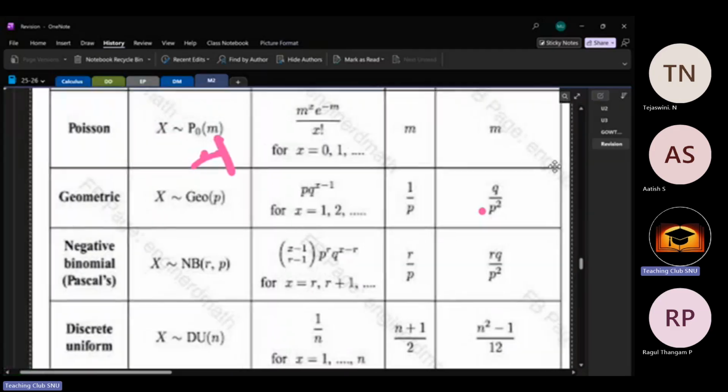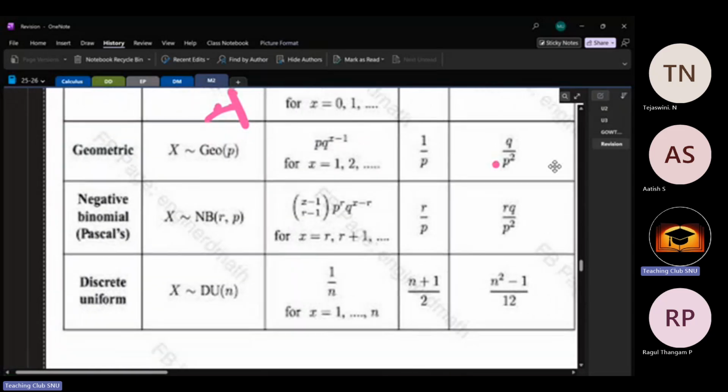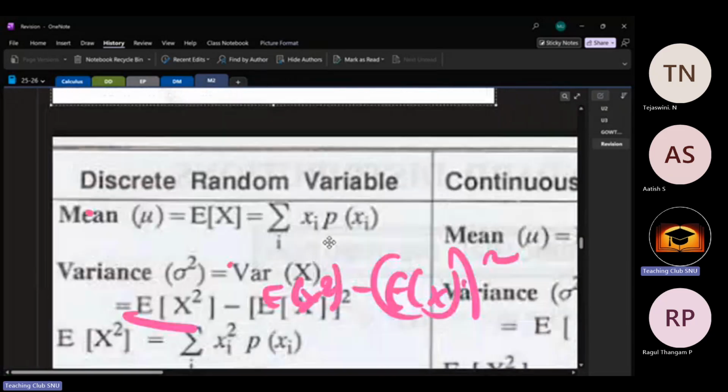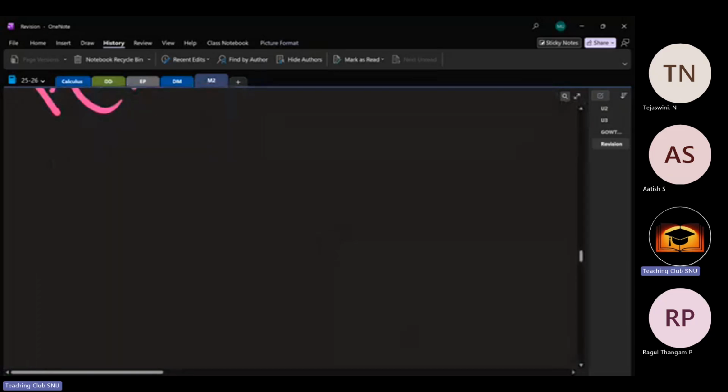We'll quickly look through these formulas once again. I'm not really sure. Okay. Yeah, let's take up my PDF and see that. So till this moment, do you have any queries? If not, just a quick thumbs up, please. Okay. Yeah, thank you.